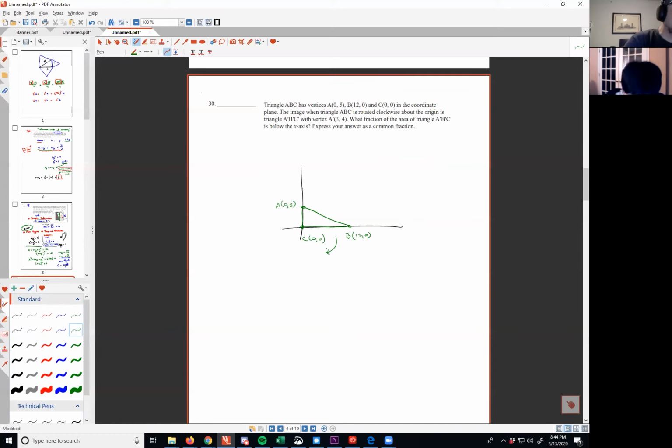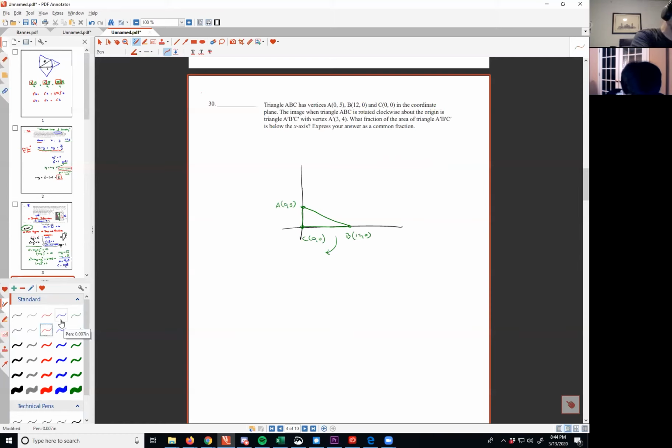The image when triangle ABC is rotated clockwise about the origin is triangle A prime, B prime, C prime, with vertex (3, 4), 8.